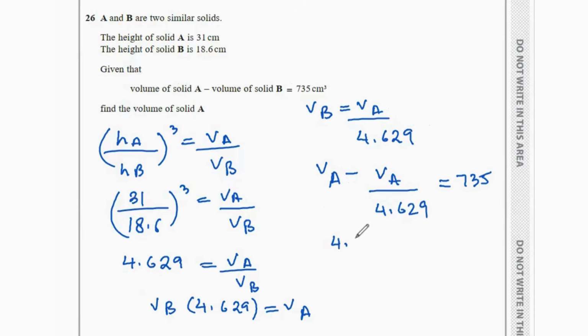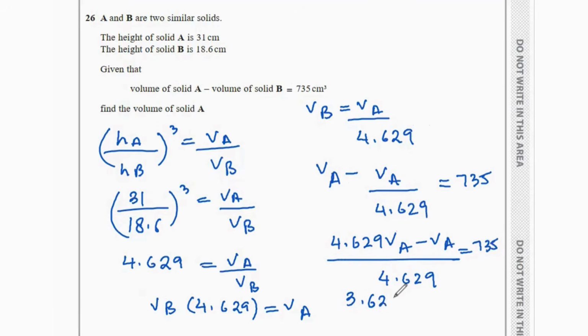So 4.629 VA minus VA over 4.629 equals 735. That's going to be 3.629 VA equals 735 times 4.629.